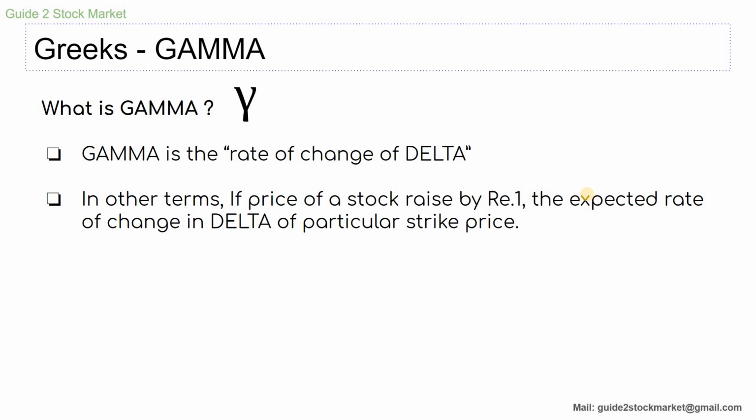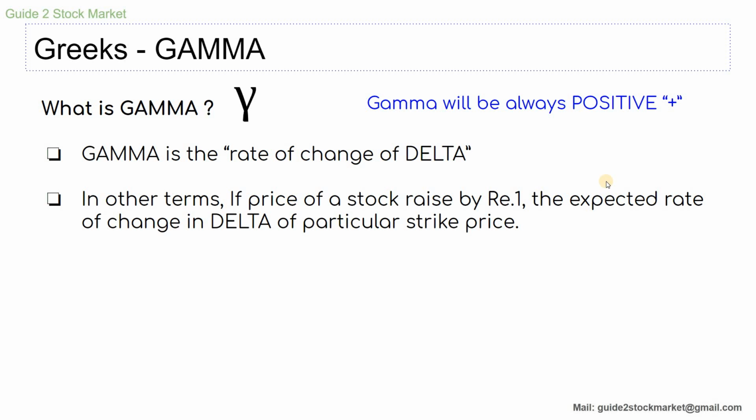In other terms, if the stock price rises by ₹1, the expected rate of change in delta is called gamma. Let's do a simple calculation in upcoming slides, so it will be much easier for you.